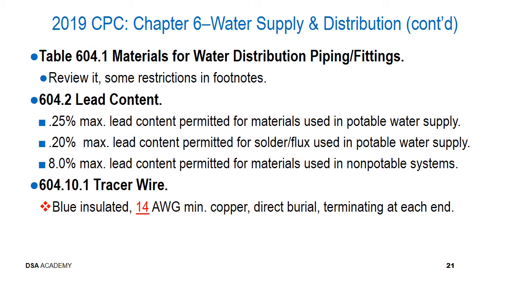So that conflict has been resolved, and it's important to understand that tracer wire for potable water is identified as blue, insulated, 14 gauge minimum copper direct burial. And this wire has got to terminate at each end and be visible at each end.